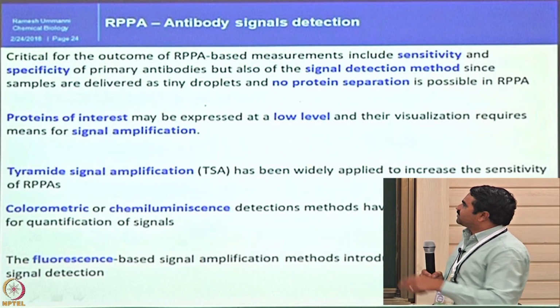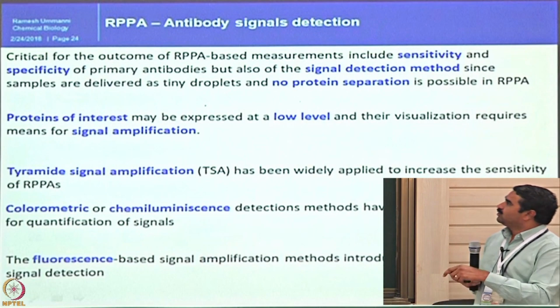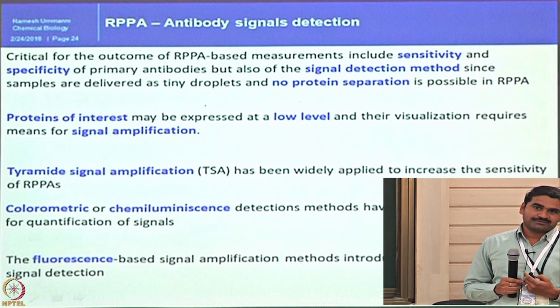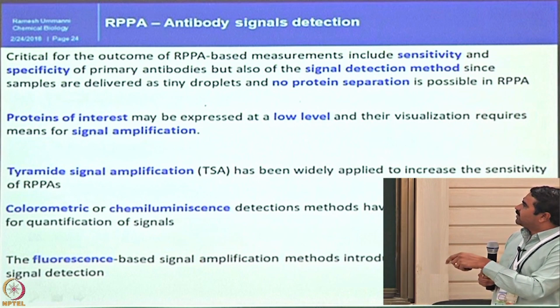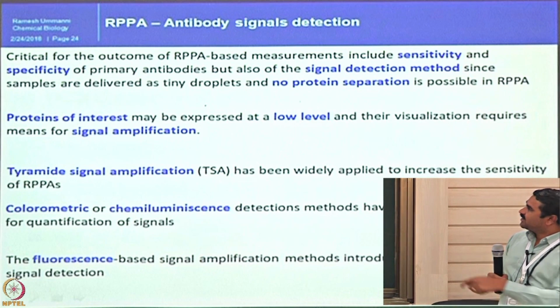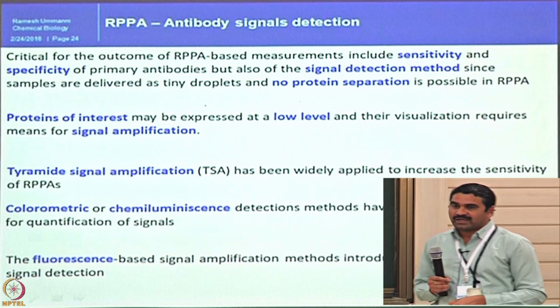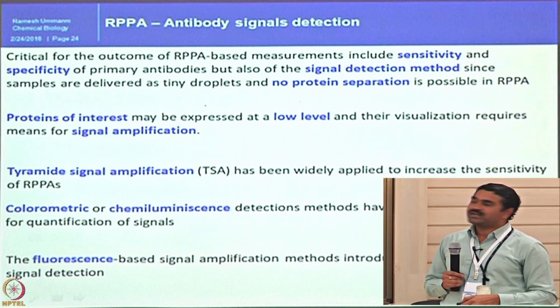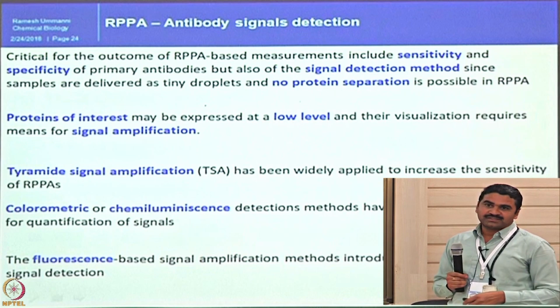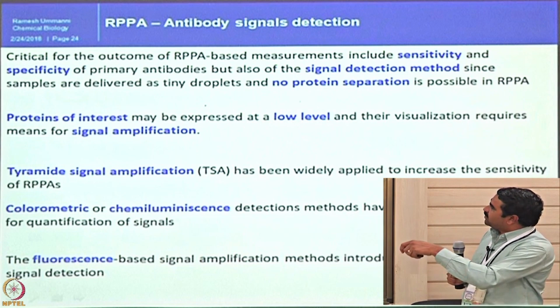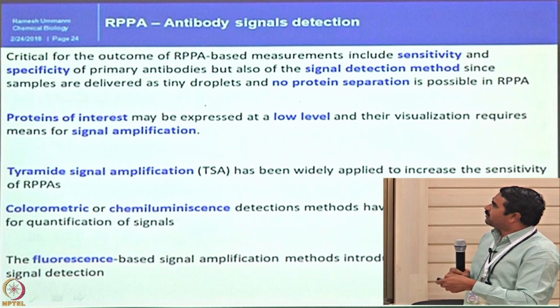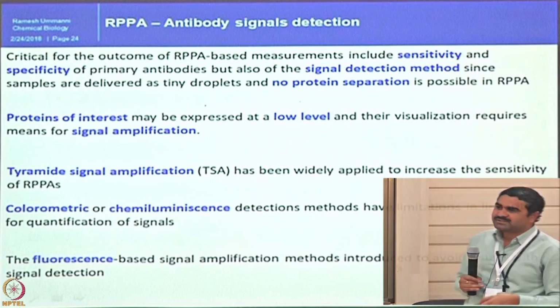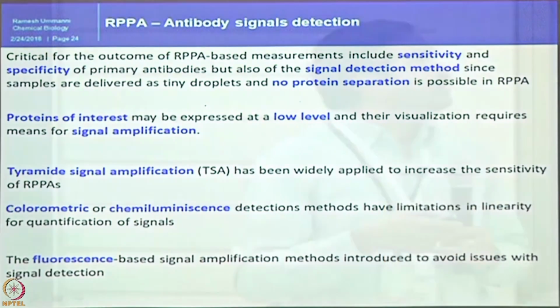The tyramide signal amplification method has been widely applied to increase the sensitivity of reverse phase protein arrays, and colorimetric and chemiluminescence detection methods have very high limitations in terms of linearity for quantification of signals. For example, to get into your mind what linearity means: if you use the fluorescence method, the detection range is between 10 to 50 microgram.